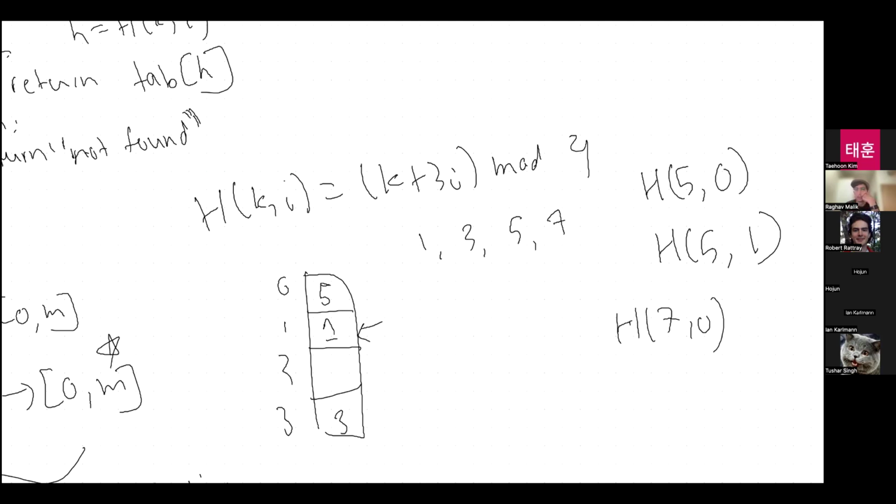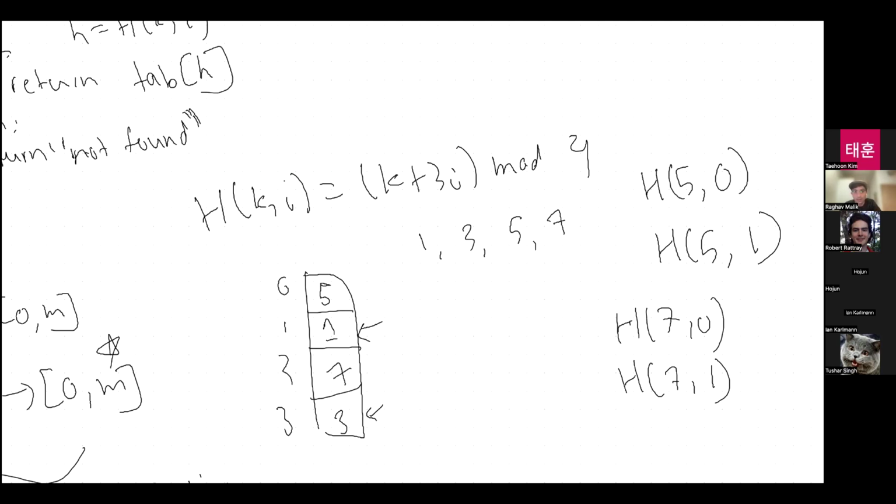So try to put it in there. That doesn't work because there's already something there. So instead, I increment i, right? And I get 7 plus 3 is 10. Mod 4 is 2. 2 is empty. So I put it there, right?